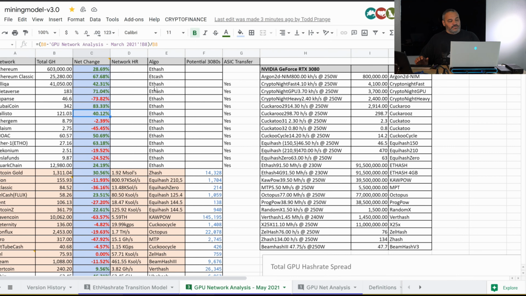Dubai Coin, Callisto, Moac, Ether1, and Cork Chain all took pretty big upgrades in their total amount of gigahash, and their price didn't necessarily reciprocate that. It did go up like a lot of other tokens, but they weren't hugely increased.